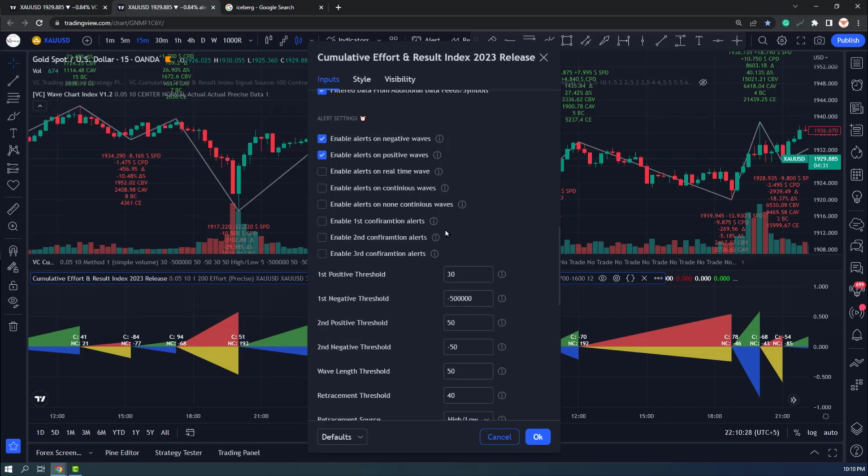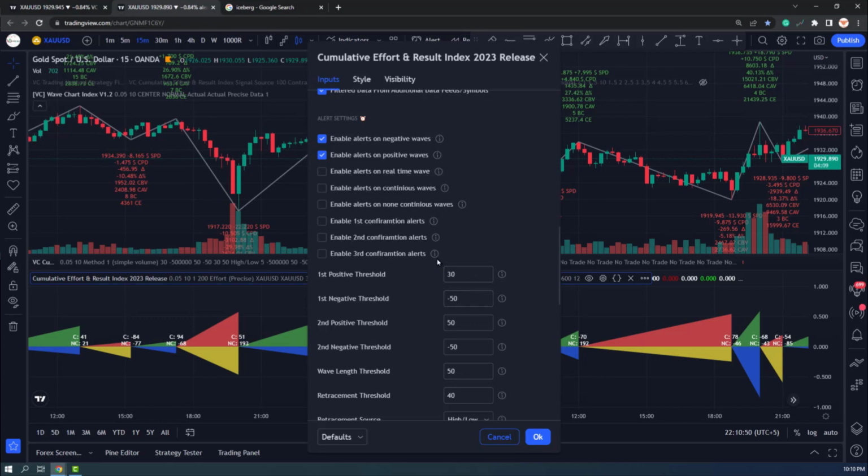Alerts based on continue, non-continue comparison results. These are the continue and non-continue comparison results. You see here, the first positive threshold. These are the thresholds.